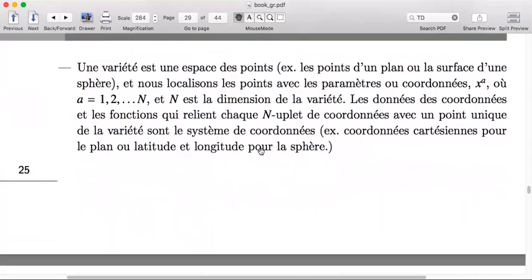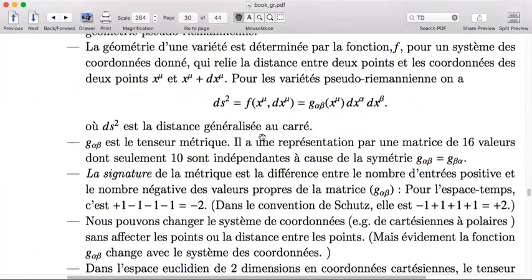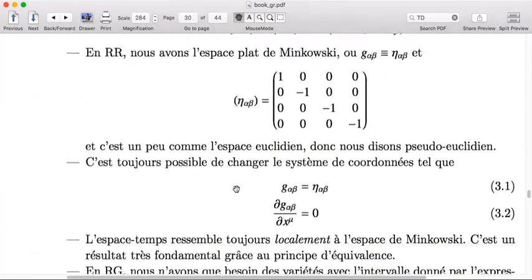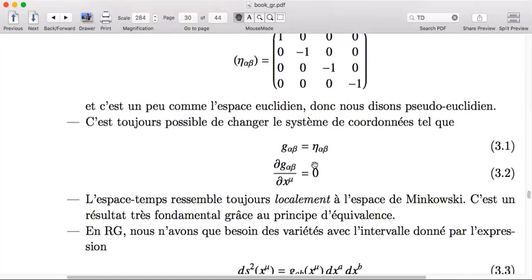Okay, so I'm going to let you read about manifolds and their geometry, the signature of the metric, and the material that we just went through. I've added an element here; maybe I'll say this explicitly now. When I said that your metric locally looks like Minkowski, I can say that more precisely mathematically.